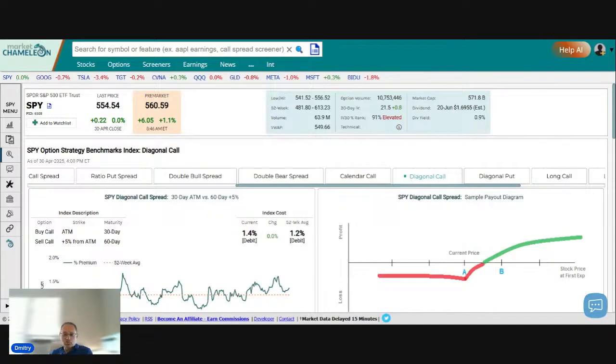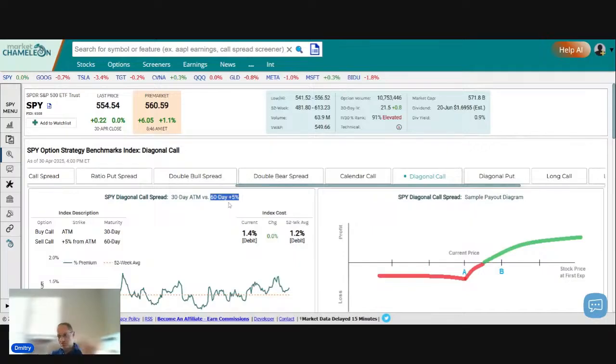And in a diagonal spread, we also have different strikes. To normalize that, we use at the money. So these would be a 30-day at-the-money synthetic option versus a 60-day 5% out-of-the-money option.